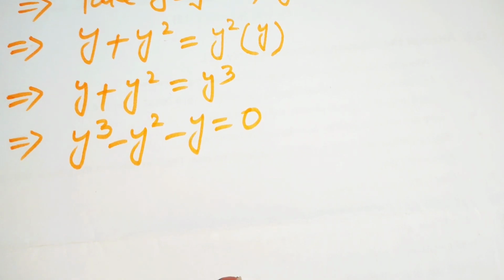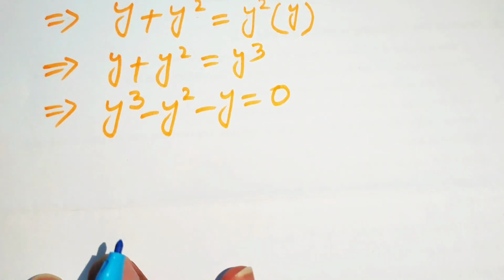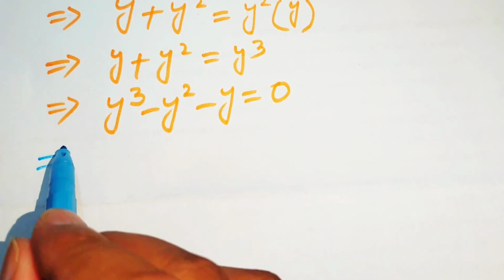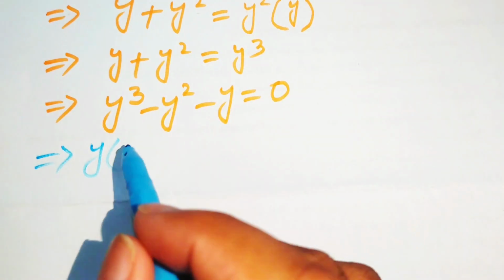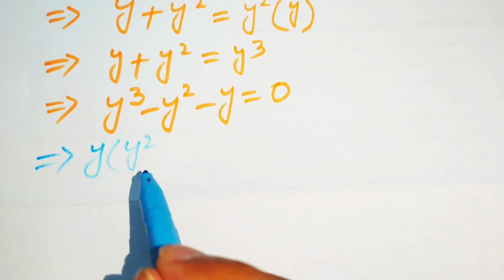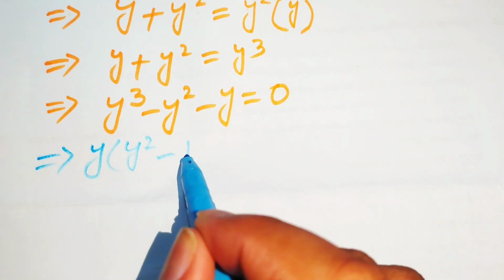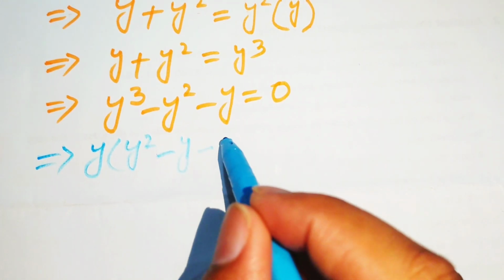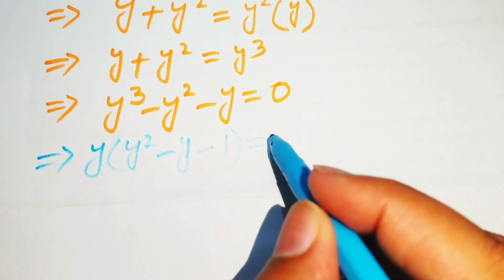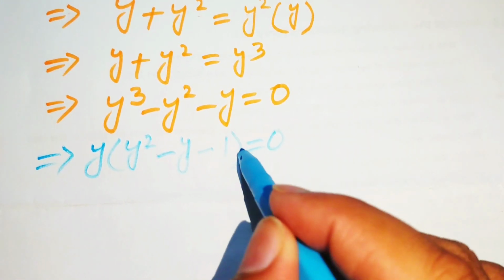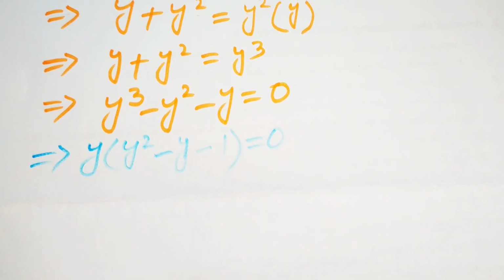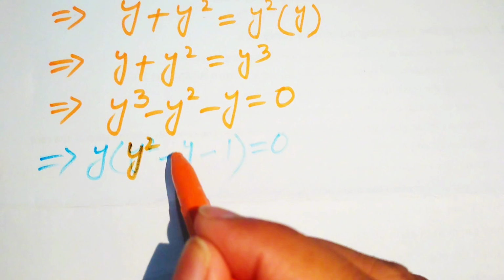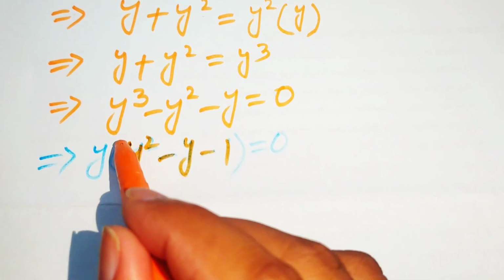First you take common y from each term, and we get y times (y square minus y minus 1) equals 0. So this is the next step in which we take common y.